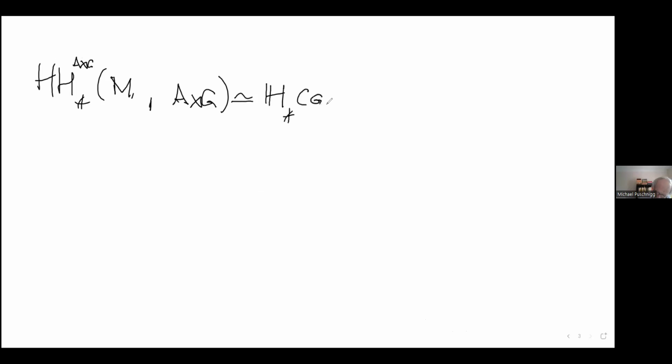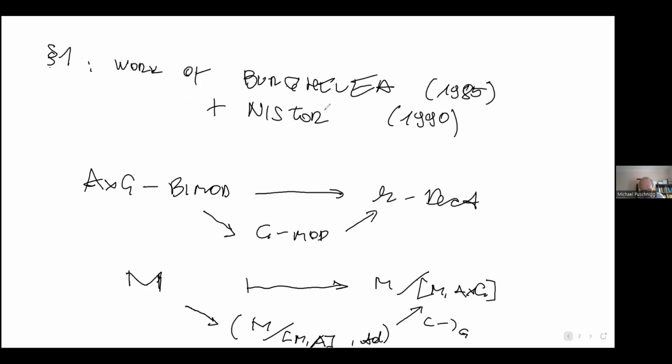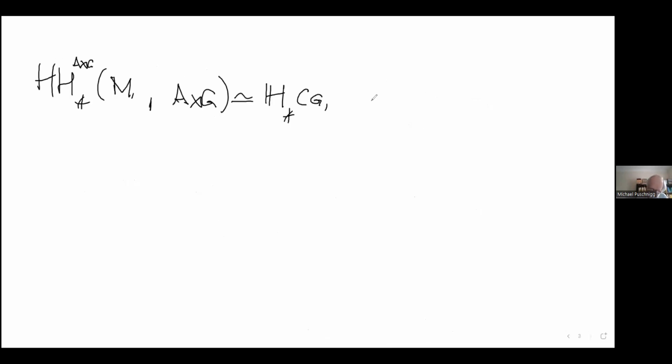of the group G, and it has to be applied just to a complex representing the derived functor of the passage to the commutator quotient with respect to A. And this functor is, for example, represented by the Hochschild complex with respect to the algebra A of the A bimodule M and A viewed as A bimodule.